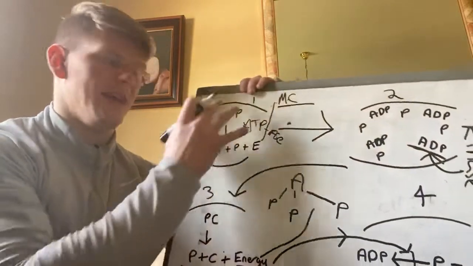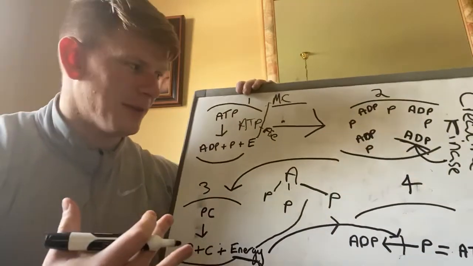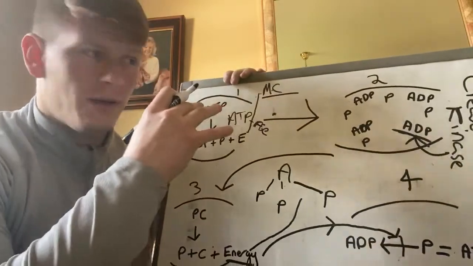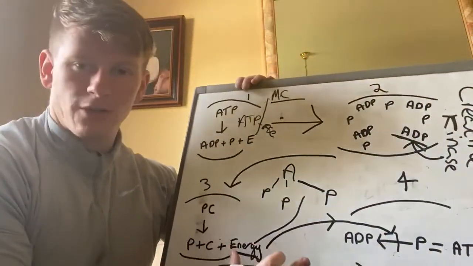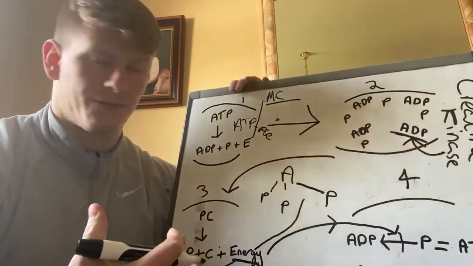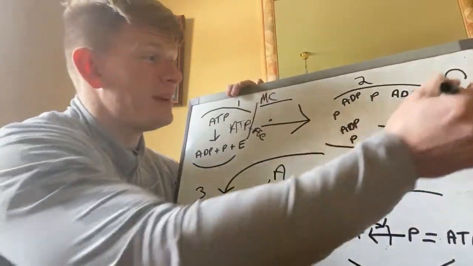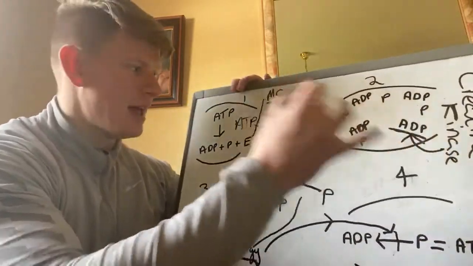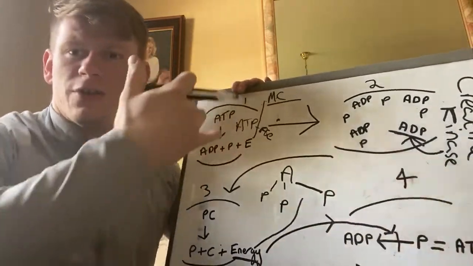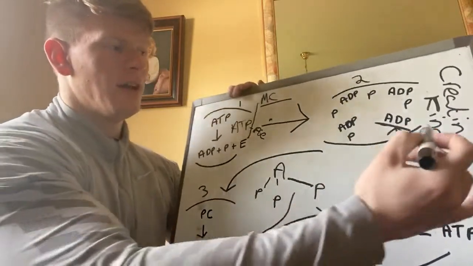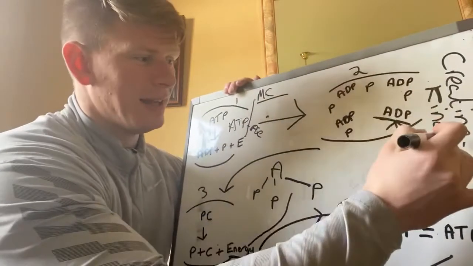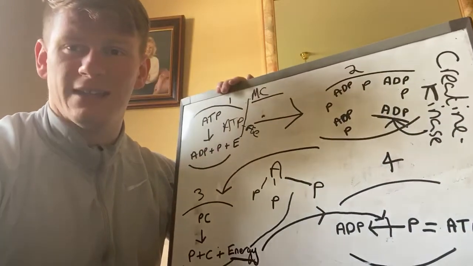Now, I go back to here. When we're talking about this in an exam answer, you firstly need to talk about this creatine kinase stuff, then you need to talk about the breakdown of ATP again. It would pretty much start here. However, we need to remember where that started from. So your exam answer would sound like this: during X movement, creatine kinase will detect high levels of ADP.